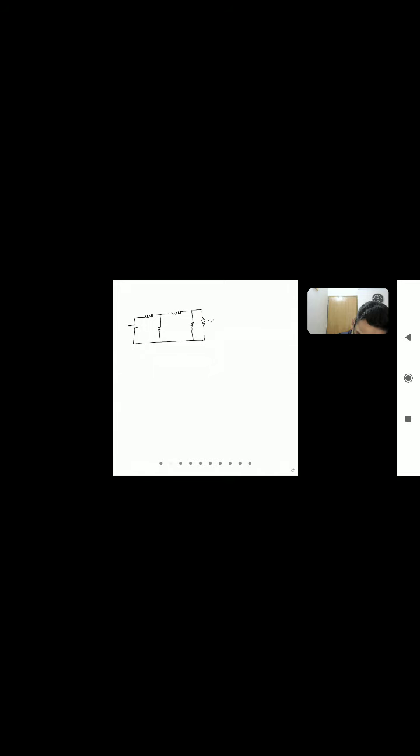That is the 100. By the way, I'm writing on my pad, which is much better than the mouse. So this is our circuit. Whenever we are trying to find out the R naught, we need to remove this one.